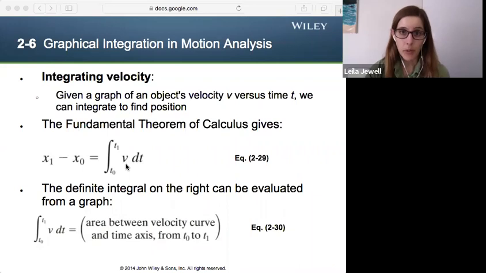But if it's something more complicated and we don't have an explicit equation for how the velocity depends on time, then we can use a graph and note that the area between that velocity curve on the graph and the time axis is going to give us this integral, which is just the change in position. So let's look at an example of this to make it a little less abstract.